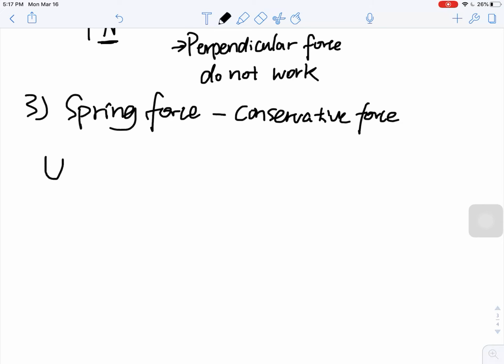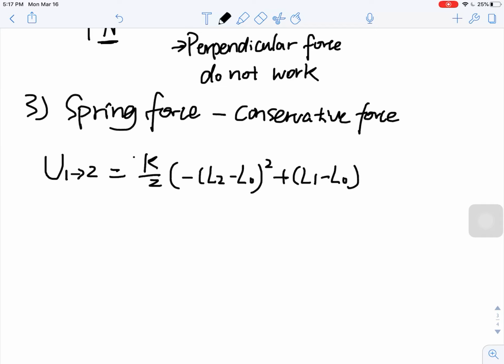The work done by the spring force can be expressed as U 1 to 2 equals k over 2 times the quantity negative (L2 minus L0) squared plus (L1 minus L0) squared.